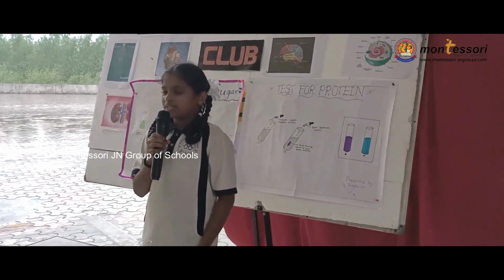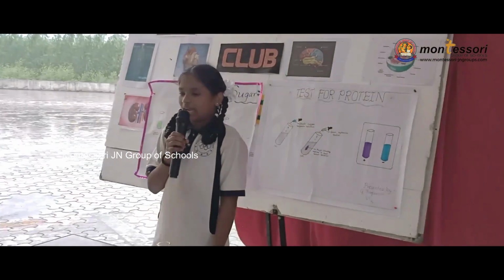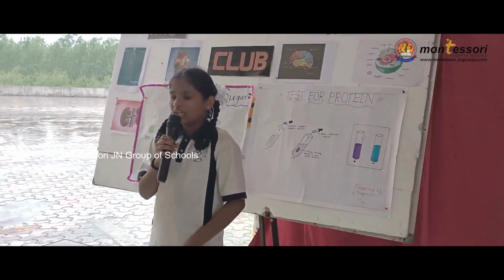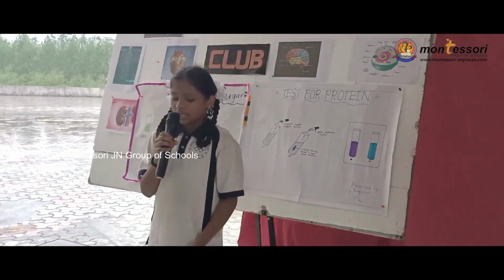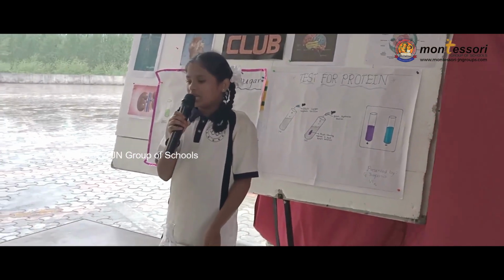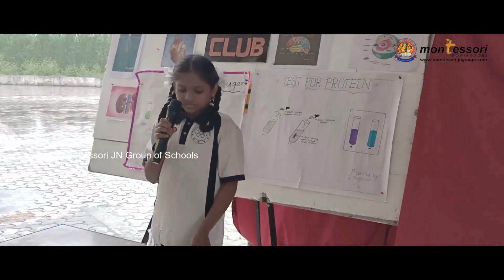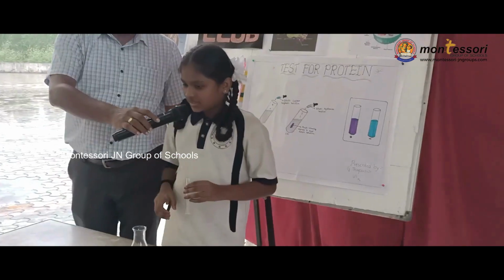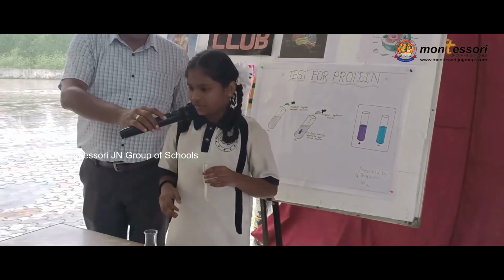This test is based on the principle of adding copper sulfate solution and soda. The given food sample turns violet in color. Let's do the test. Now let's take the test tube and add milk.